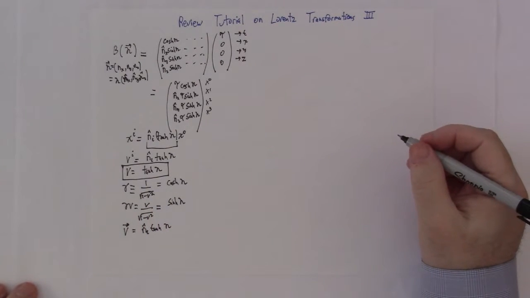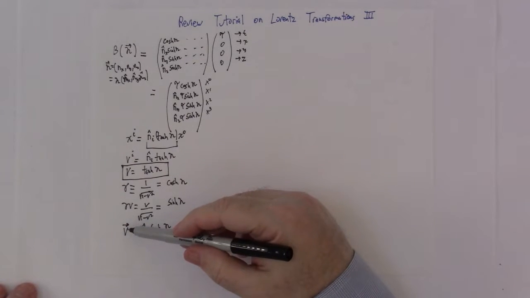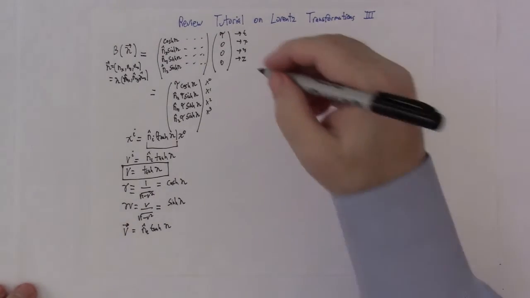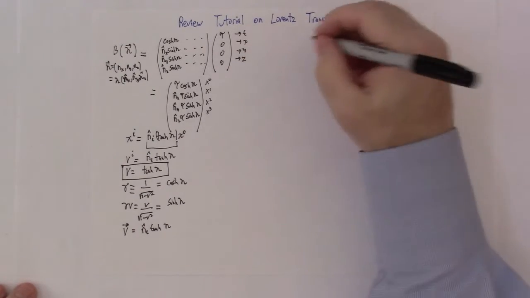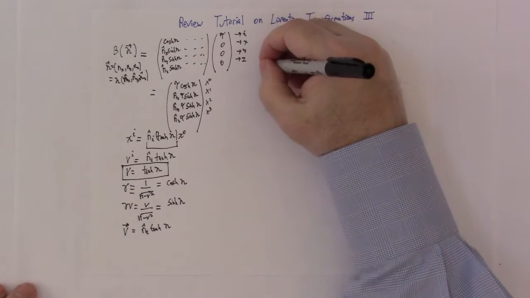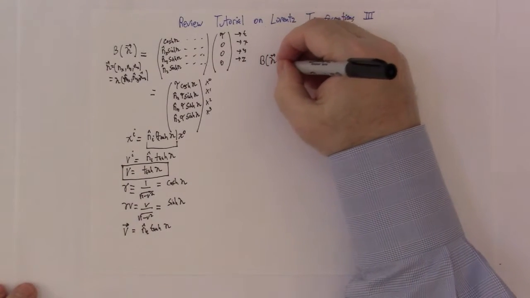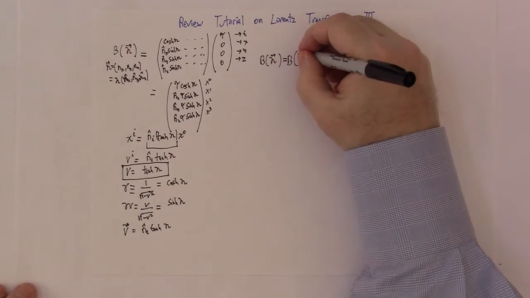So now we have everything. We have the relationship between our eta parameters and our velocity parameters. So now I'm going to write down the boost matrix, this time in terms of the velocity vector.